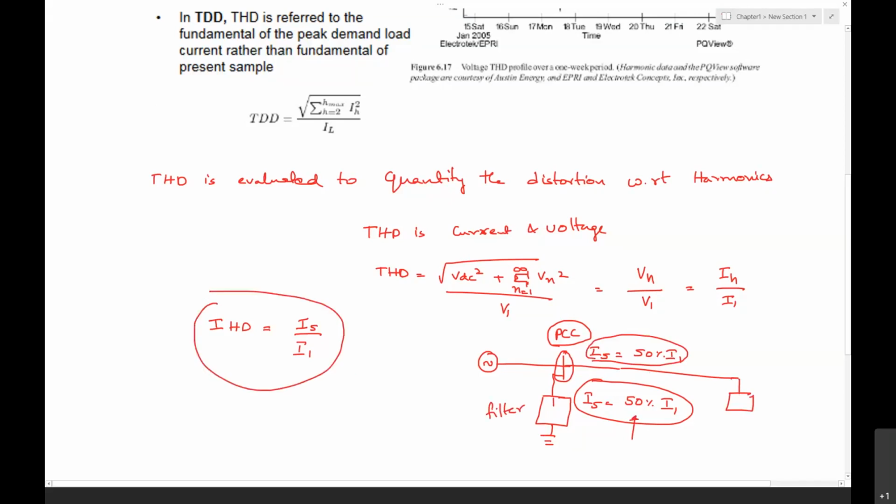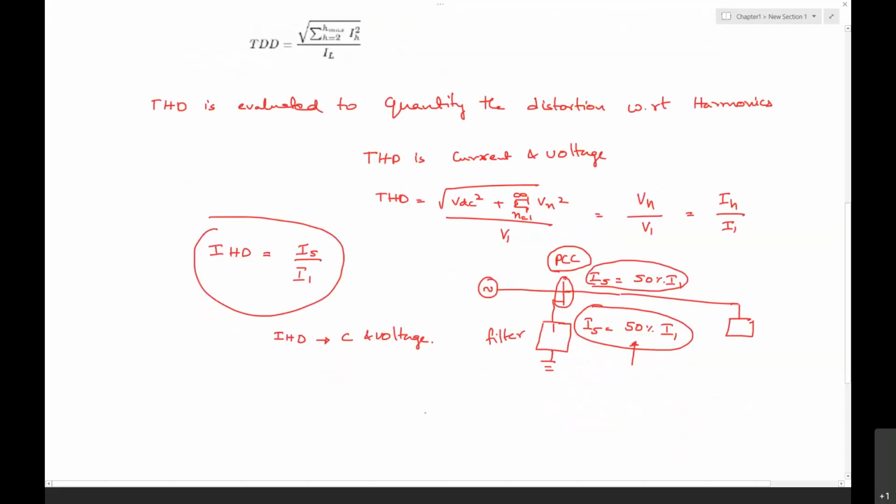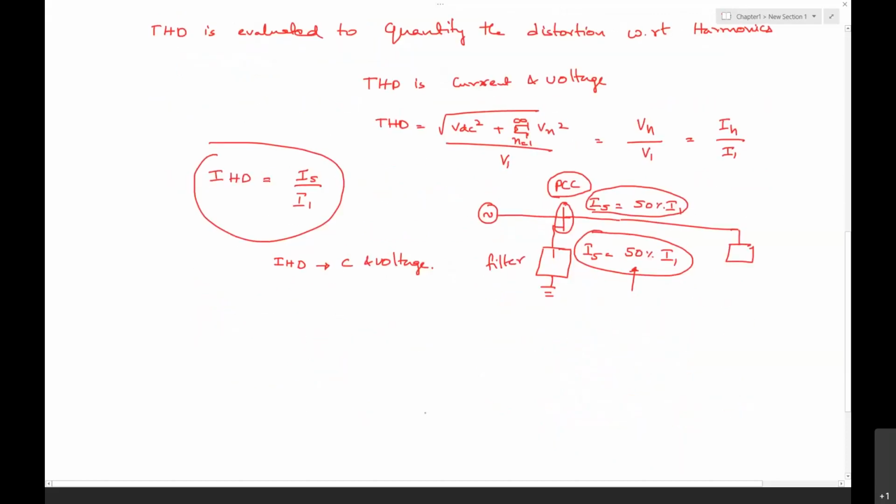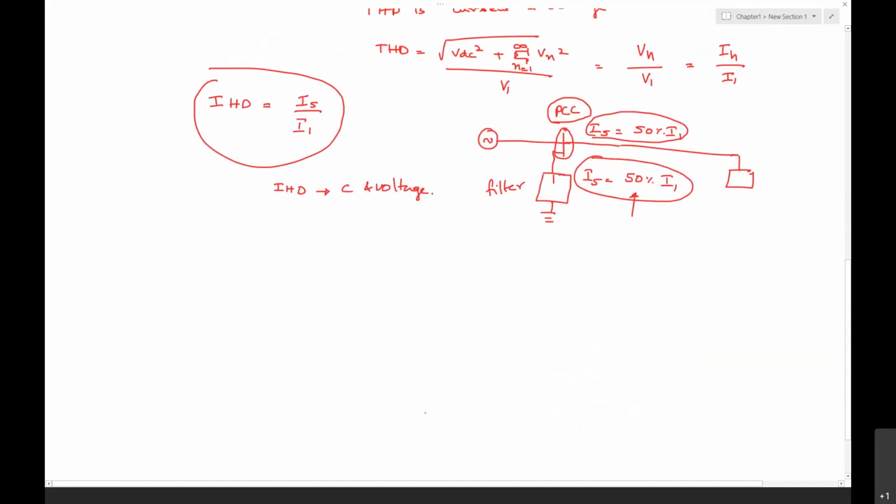The individual harmonic distortion is also measured with respect to current and voltage. These are the two indices used to quantify the harmonics.